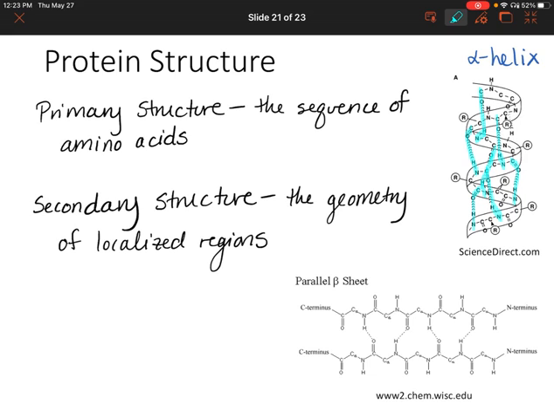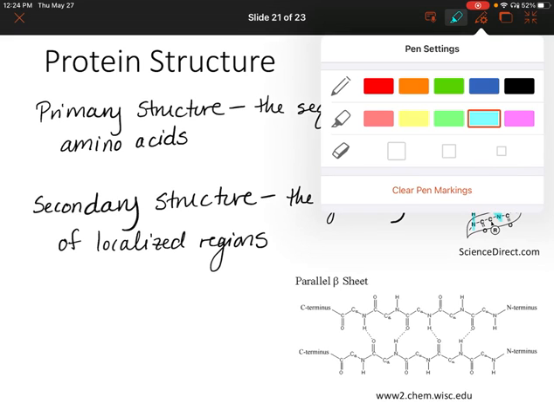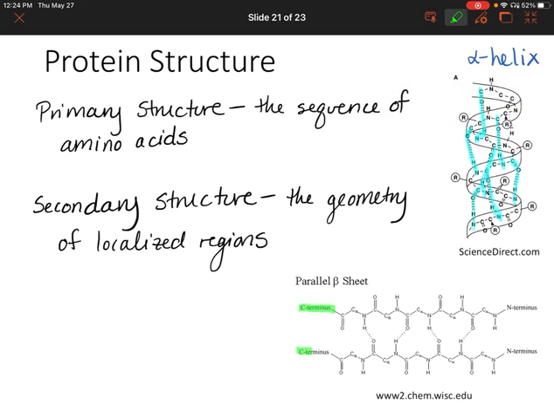There's also another structure that amino acid chains can form. One is a parallel beta sheet, another one is an anti-parallel beta sheet, and it really depends on whether your C termini are lined up or if the N termini are opposite. Down below I have a parallel beta sheet where the C termini are aligned and the N termini are aligned.